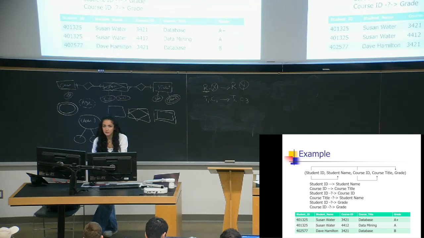Is that correct? Yes. Course ID can uniquely identify course title? Yes. So we say a student ID can uniquely identify a student name, or a student name depends on a student ID, okay? So there is a dependency between a student ID and a student name.